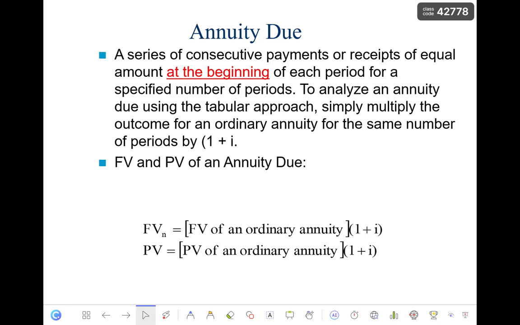In annuity due, it's the 1st of December. So it affects the number of periods in your formula. That's just something to pay attention to. Annuity due, beginning. Ordinary annuity, at the end.